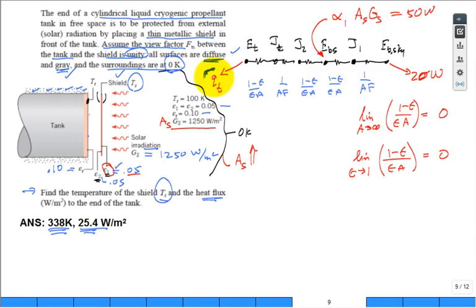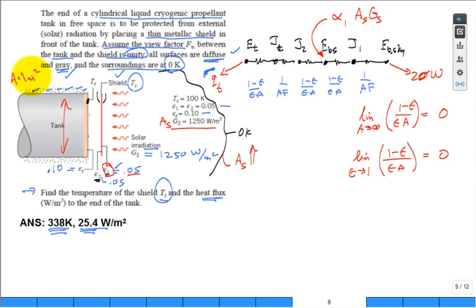So how about this? We're going to leave this area in here. Did they tell us the diameter of the tank? No. You can pick, and maybe it's easier every now and then to just assume the area is 1 meter squared.